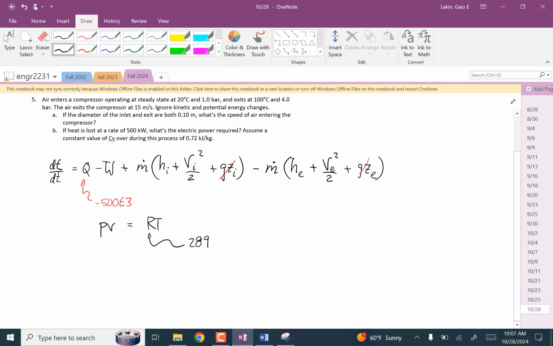So we're saying that that air, it's steady state.